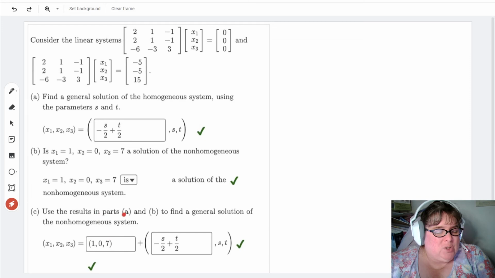We use the result of parts A and B to find a general solution of the non-homogeneous system: x1, x2, x3 equals (1, 0, 7) plus our numbers, which I've put in that way.